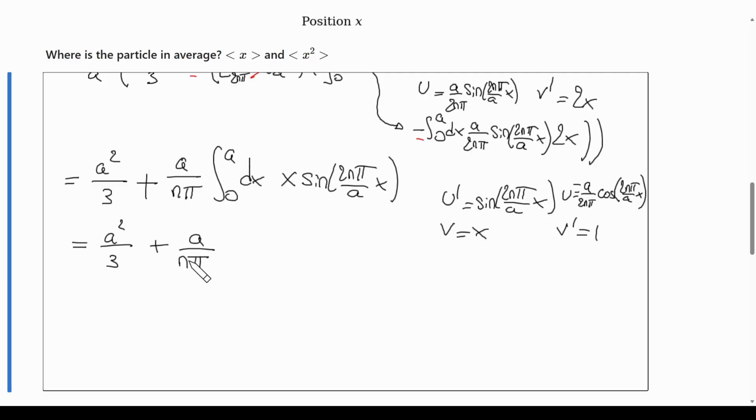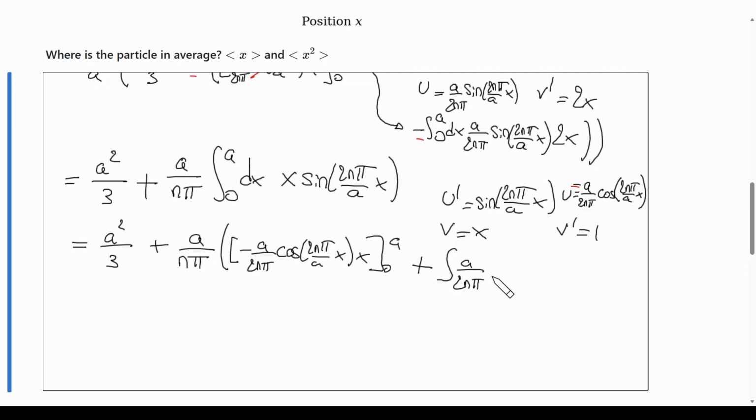So we have a over n pi times uv, so minus a over 2 n pi cos 2 n pi over a x times v, which is x, from 0 to a. And we have minus uv prime, which is plus, because there is this minus sign here. So plus u, a over 2 n pi cos 2 n pi over a x, times v prime, which is 1.